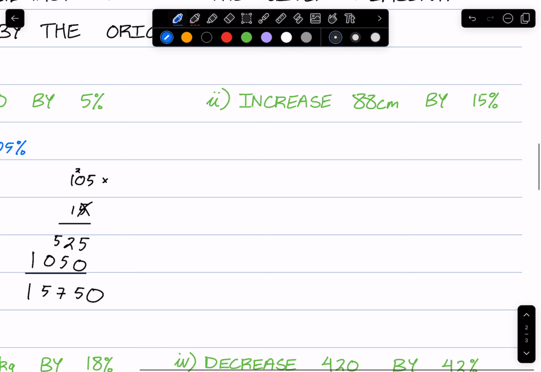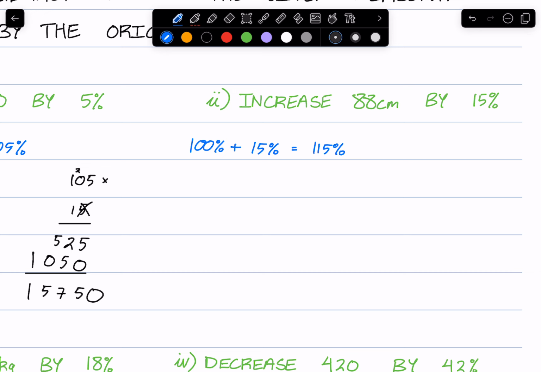So with increasing by 15%, we start off with the 100%, and we're going to add on, because it is increasing, we are adding. We are now finding 115%.